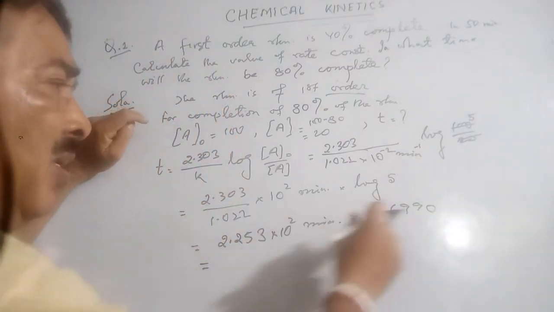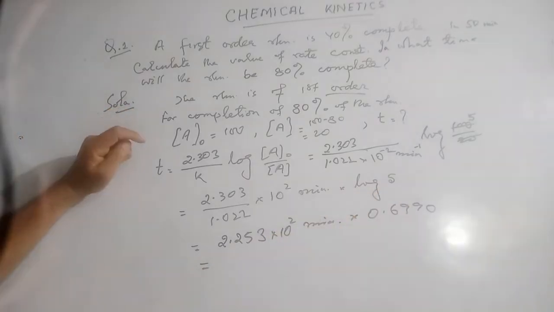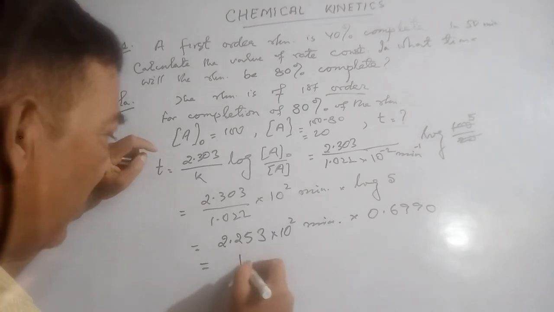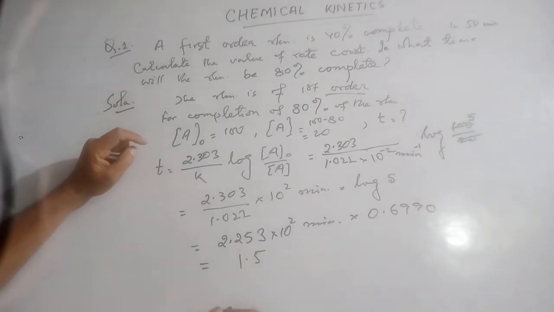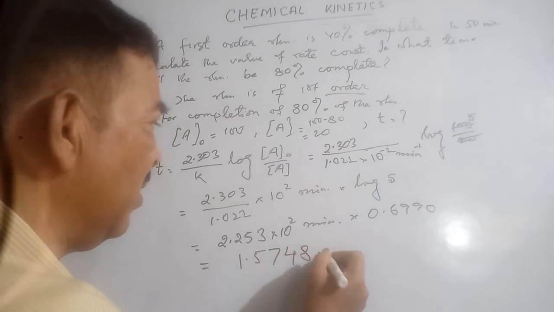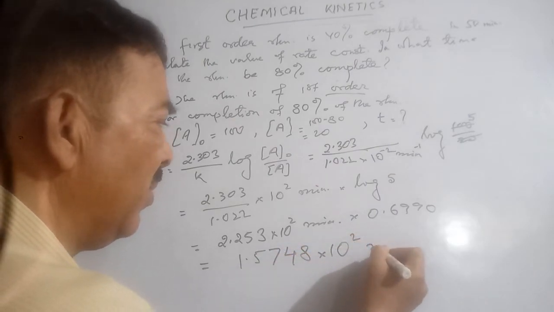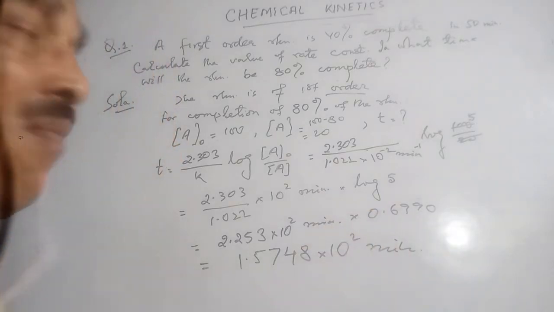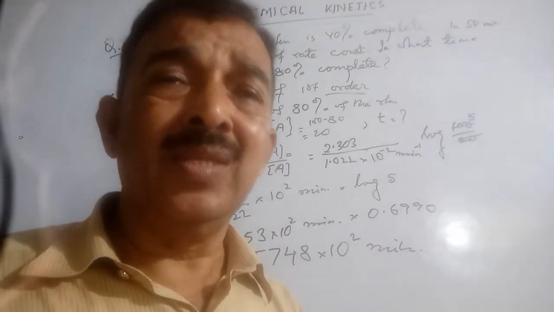Multiplying these, you will get 1.5748 into 10 to the power 2 minutes. Is it clear?